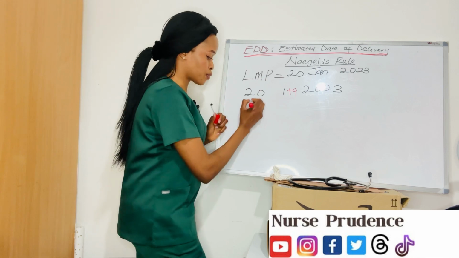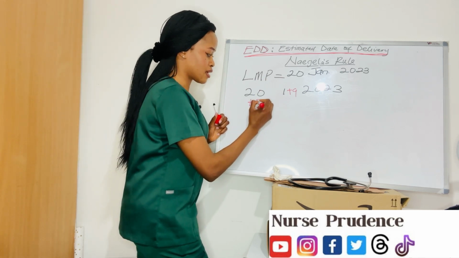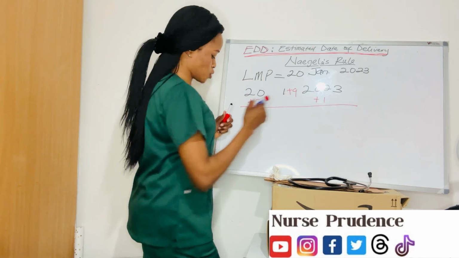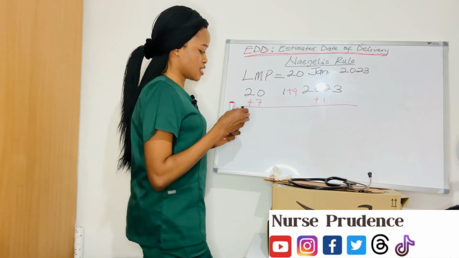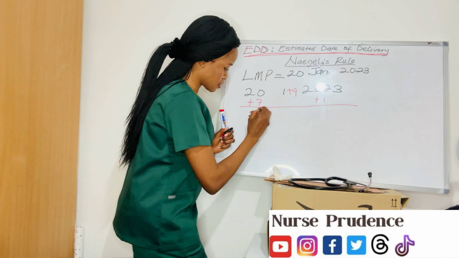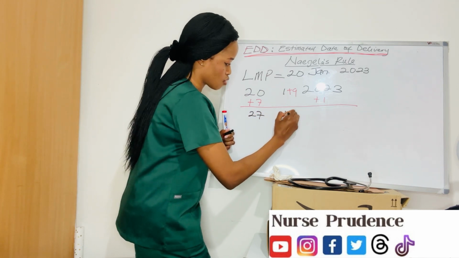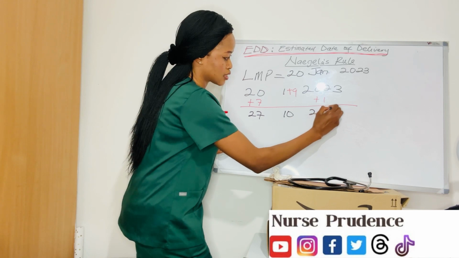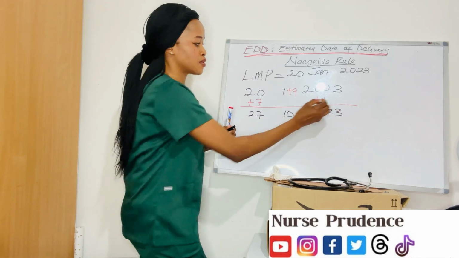And still add plus 7, which is the normal standard here, and then plus 1. When you add it, what you will have is 27th of October, which is 10, 2023.